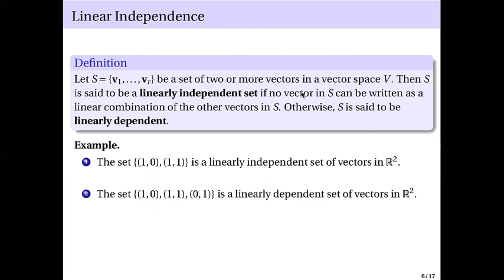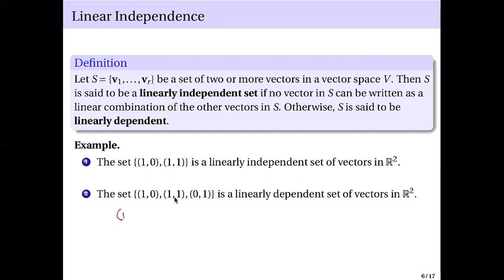For linearly independent, no vector in S can be written as a linear combination of other vectors in S. For linearly dependent, we can find at least one vector and write it as a linear combination of the other vectors. And in here, we can choose this vector (1, 1).